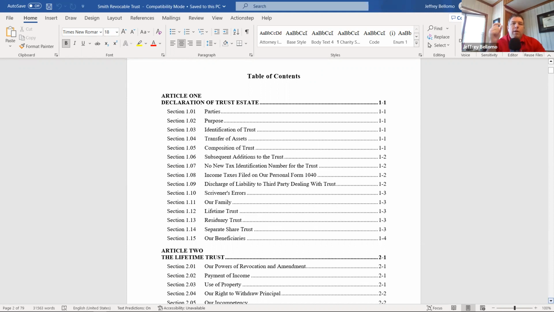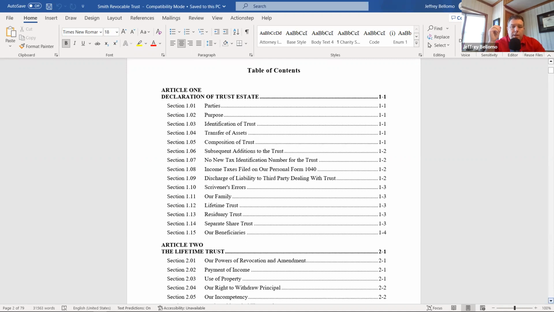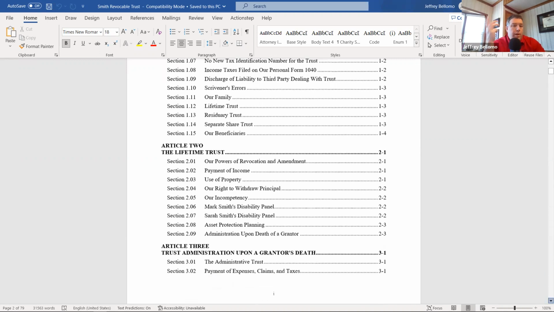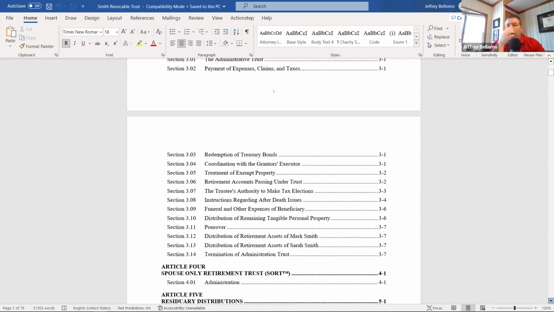The actual document itself is where you're going to find the dispositive provisions and what's actually occurring. So if there's a conflict between the table of contents and the section in the document, the section in the document is going to prevail. This is merely just where to find it.